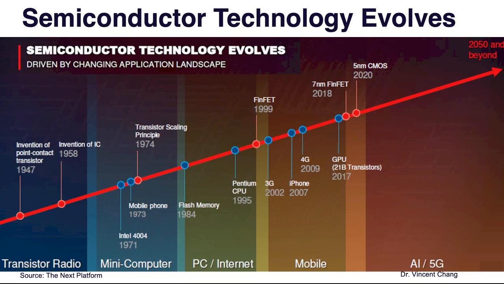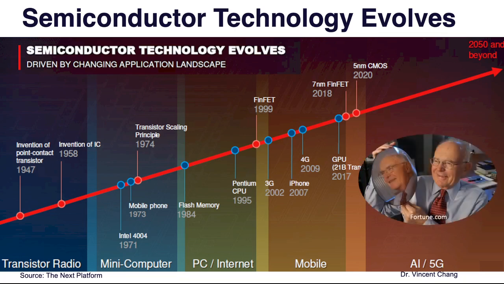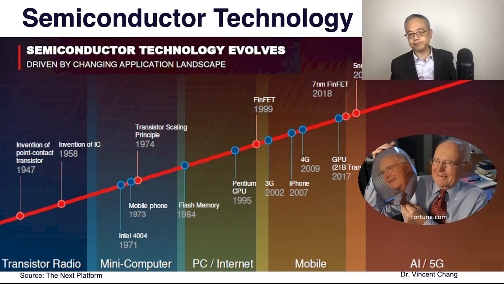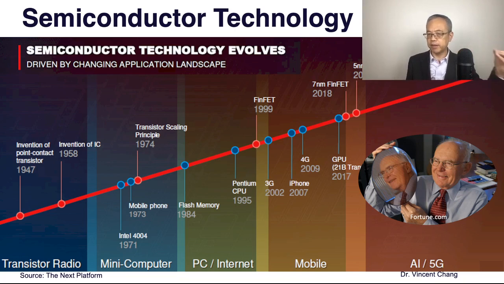All right, so one of the co-founders of Intel, his name is Gordon Moore. And then he observed that under affordable cost, the number of transistors or the circuit complexity per unit area in the integrated circuit doubles.